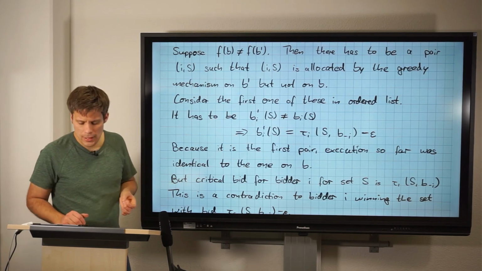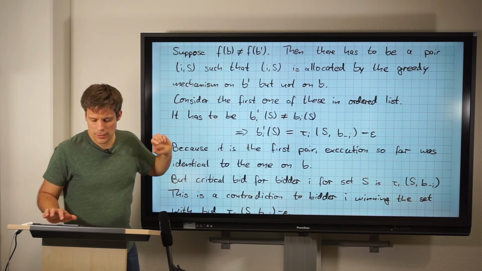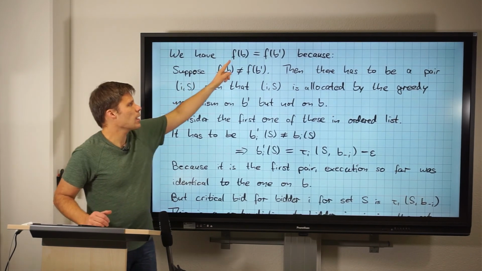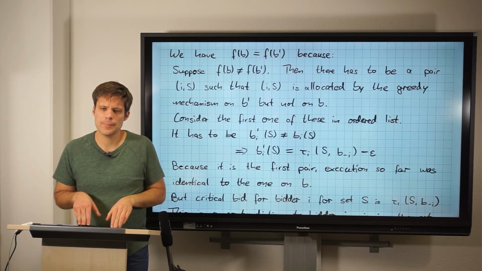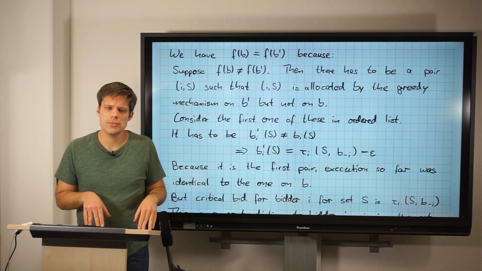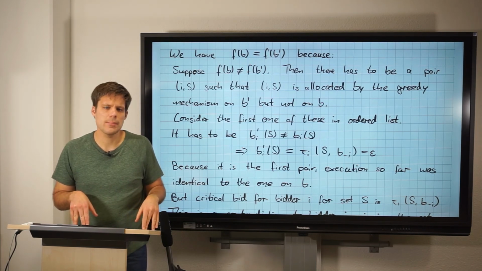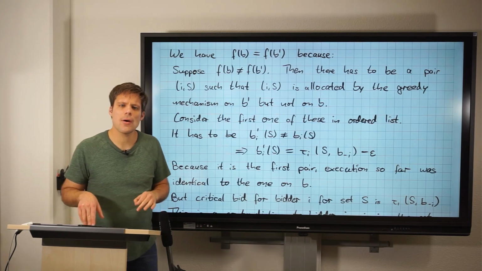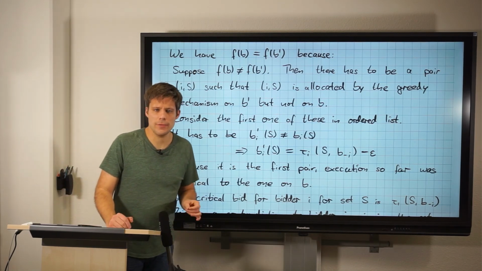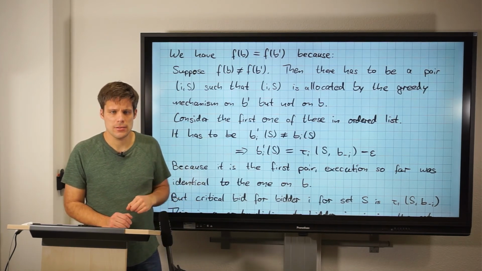And this is why we get now that here f of b is equal to f of b prime. Once again, this wouldn't be true for more complicated algorithms which are not as simple as this greedy algorithm. For example, if you maximize social welfare or declared social welfare, then you cannot do these tricks.